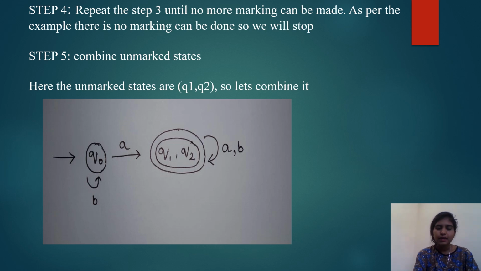Step 1: Eliminate all the dead states and inaccessible states from the given DFA, if any. Dead states are all those non-final states which transit to themselves for all input symbols in the alphabet. Inaccessible states are all those states which can never be reached from the initial state.